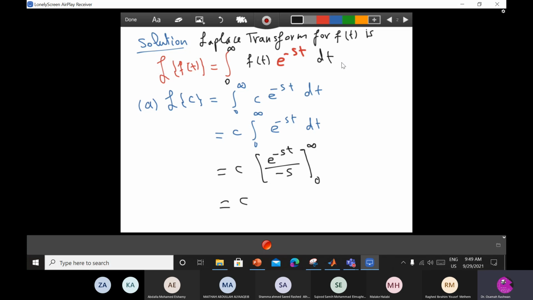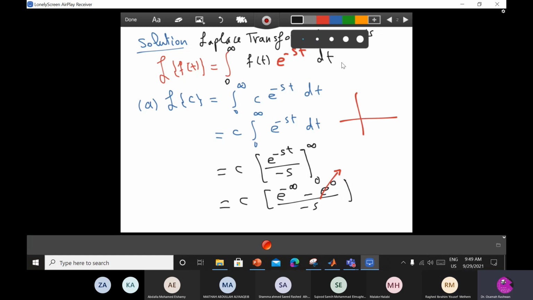If I substitute by the upper bound, I have e to the minus infinity minus e to the 0 over minus s. All of us know e to the 0 is what? One. You remember the exponential function e to the x: when x tends to infinity, it goes to infinity. At 0 it is 1. At minus infinity it is going to be 0.